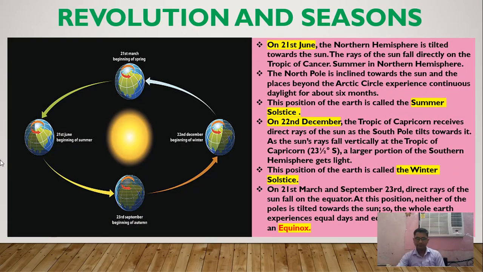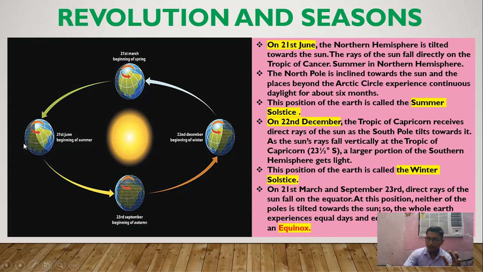Look here, as we all know, our earth moves around the sun like this. In this situation, the northern hemisphere and north pole are here. This is the time of the June month, 21st June.